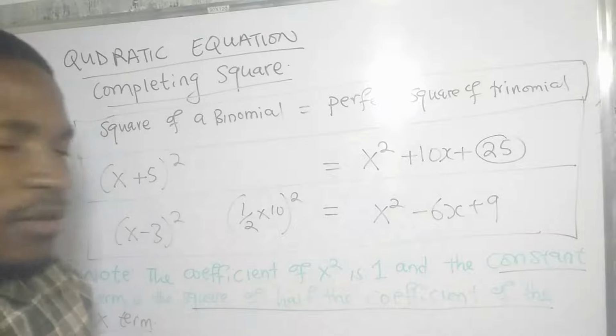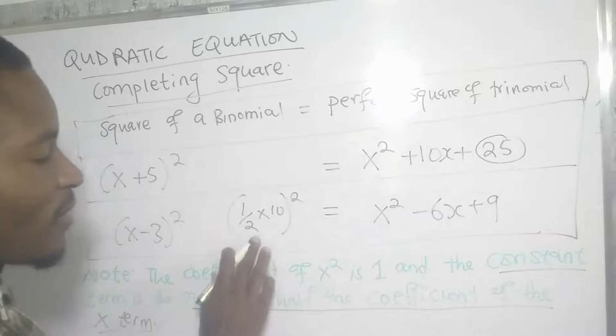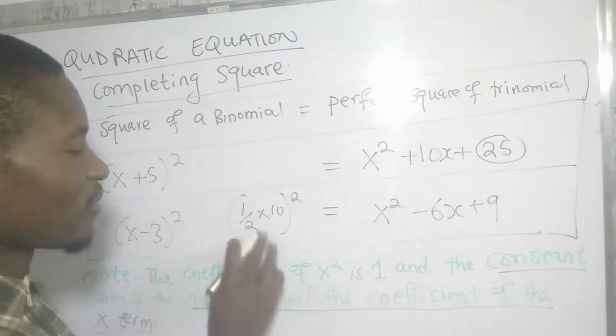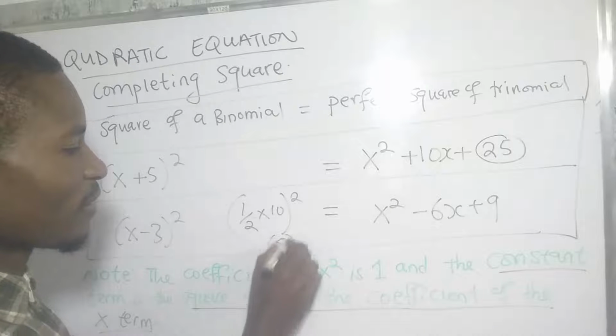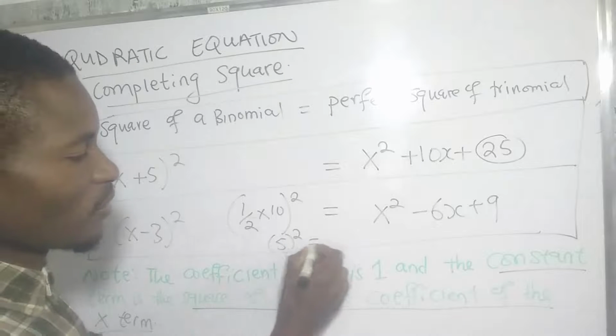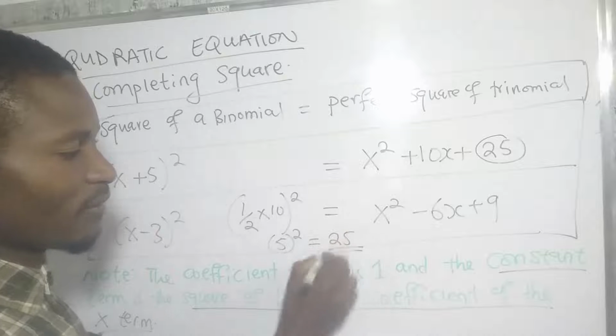So half of 10 is 5, and then you square it, and what you get is 25.